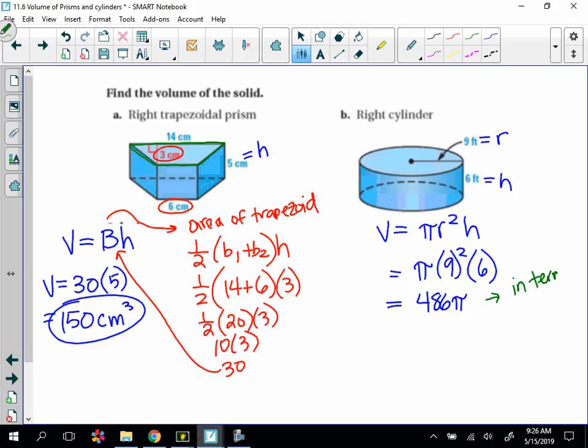So this is in terms of pi. Or you might be given directions that say exact value. If I'm going to do the approximate volume, I will go ahead and multiply by pi, and we'll just round to the nearest 10. So this would be approximately 1,526.8. And again, the units are cubed, so this would be feet cubed.